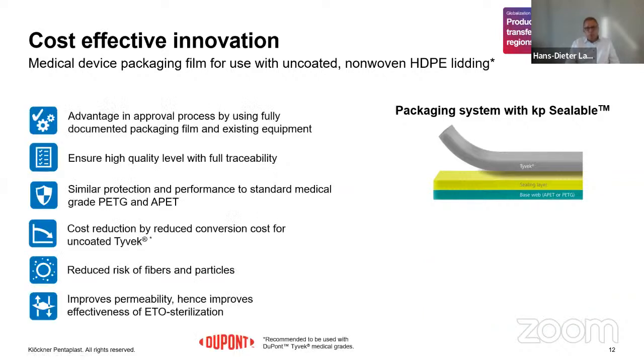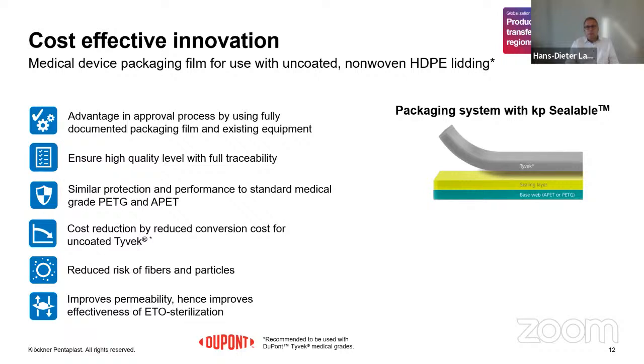It is fully approved. You can get the full documentation you need and full traceability of the material. This is really in line with the 11607 requirements. You have the same protection and performance as with the standard material, but you can reduce the cost because the conversion cost for uncoated Tyvek is lower than for coated Tyvek.